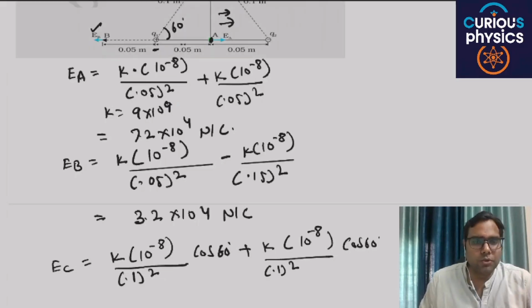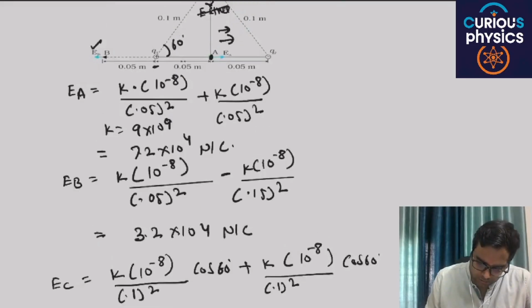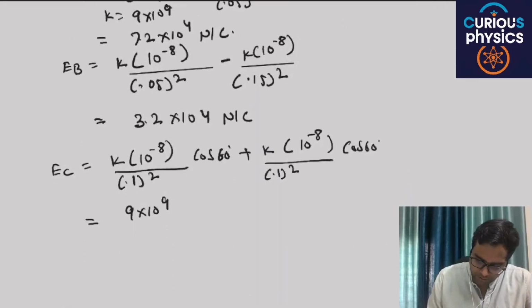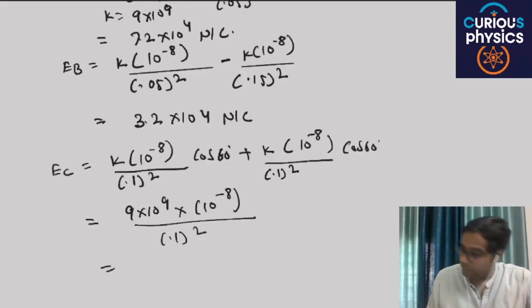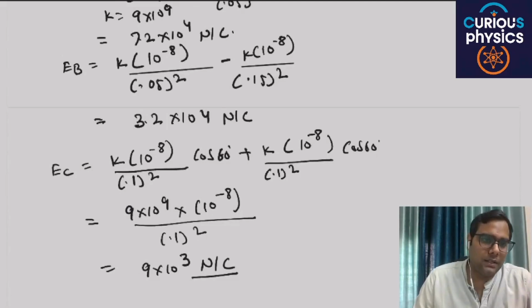Cos of 60 is 1 by 2, and from here the answer will be 9 into 10 raised to power 9 into 10 raised to power minus 8 divided by 0.1 whole square, which gives 9 into 10 raised to power 3 Newton per Coulomb. This will be your answer.